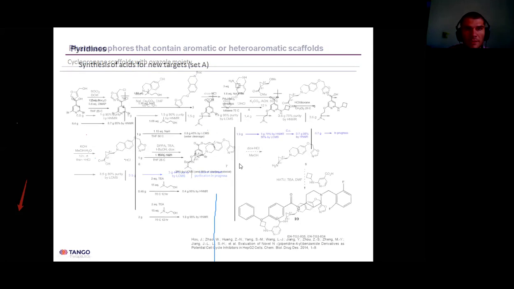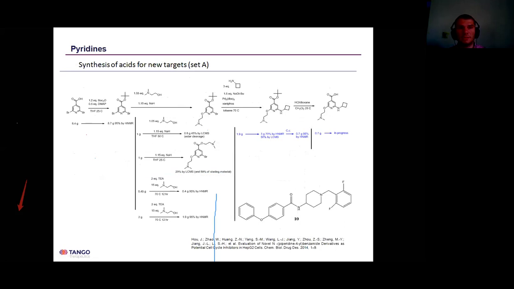Okay. Another class of heterocycle compounds is pyridines. Pyridines are the most common heterocycle fragments present in FDA approved drugs.